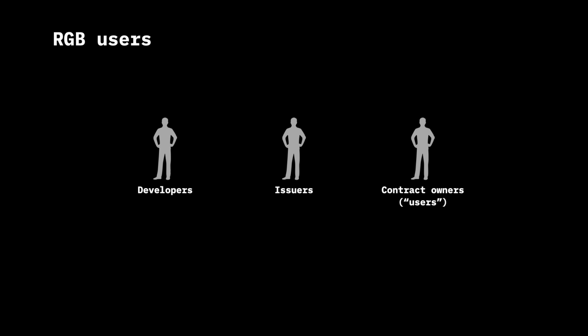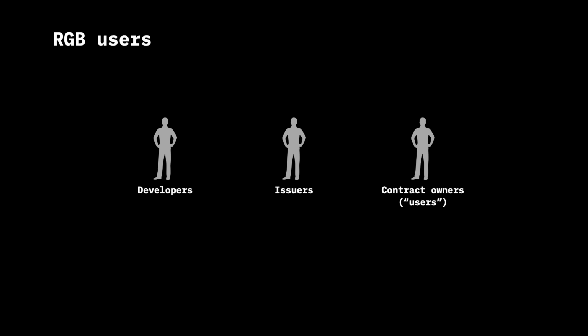Now, because of the many components an RGB contract consists of, I would like also to explain the roles. What I will be showing in the demonstration will be related to multiple roles: something will be done by developers, other operations will be done by issuers, other operations will be specific to users of RGB contracts. And as I said, this RGB command line tool covers all of these operations.